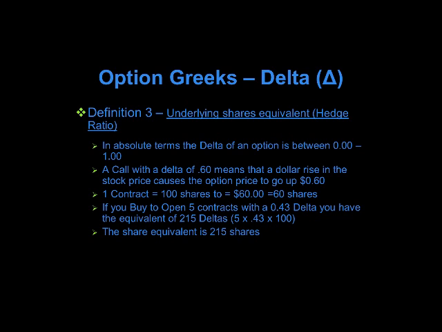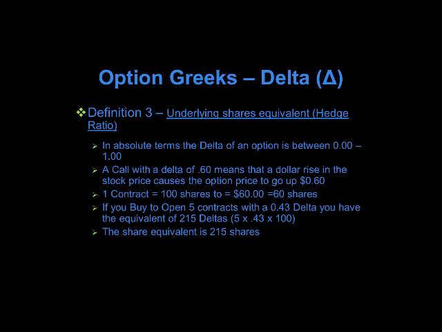So it's really easy. If you've got 3 or 4 or 5 different option contracts out there and you wonder how many equivalent shares you have, what happens if the market goes down by 5% tomorrow? Or I'm in IBM and they're doing earnings and it falls by 10%. Am I going to get killed? Because I've got calls, I've got puts, I've got all sorts of things out there.